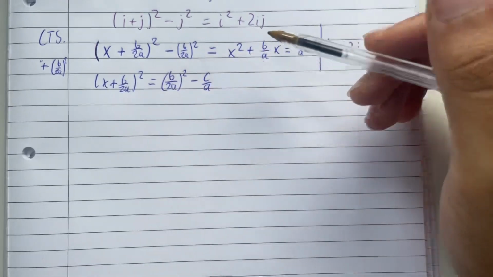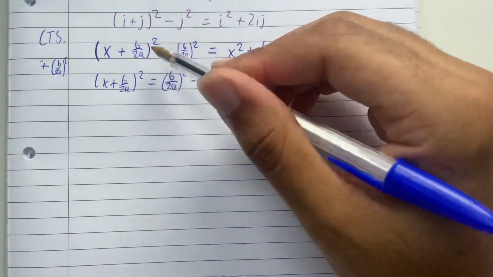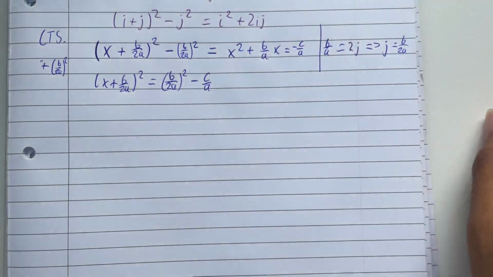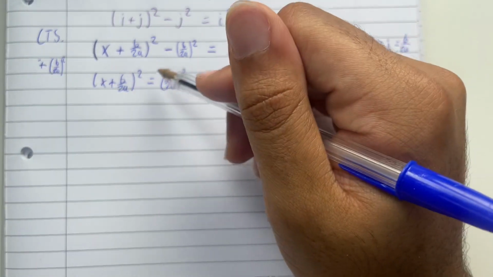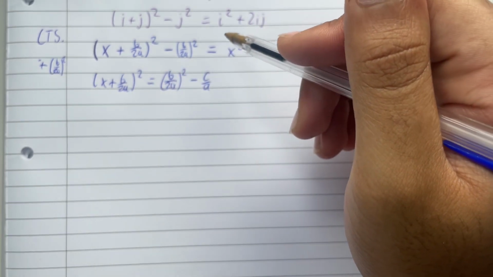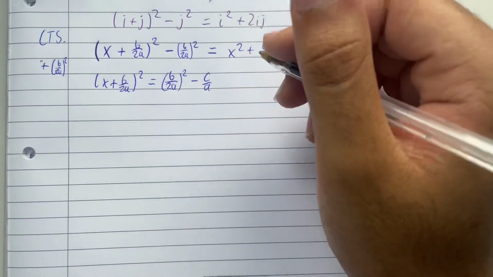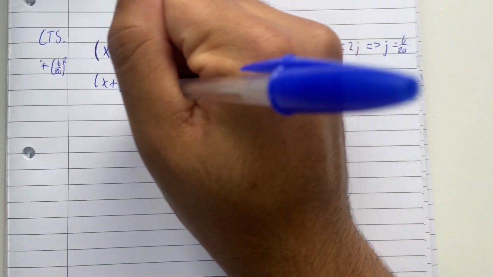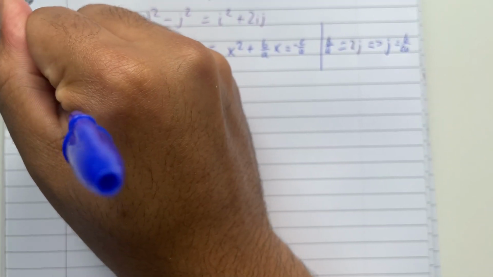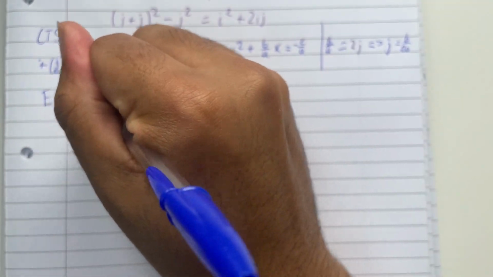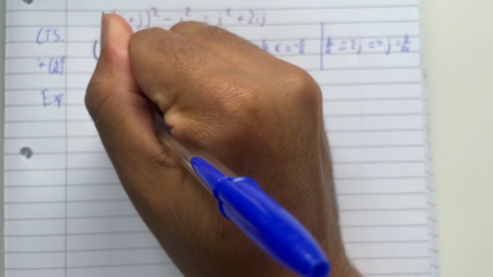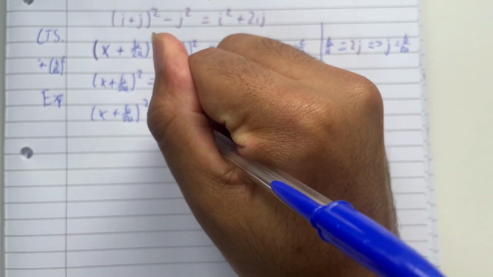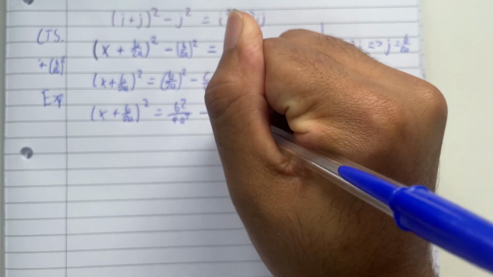So that would imply that adding it to the other part, x plus b over 2a squared is equal to b over 2a all squared minus c over a. So if I'm going to expand this part here, then I get x plus b over 2a all squared is equal to b squared over 4a squared minus c over a.